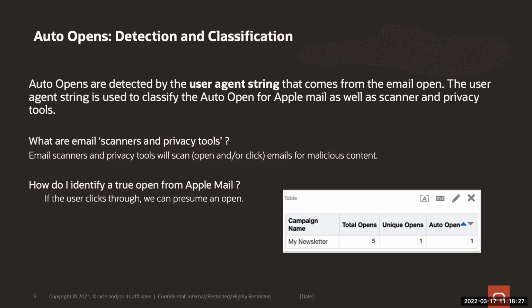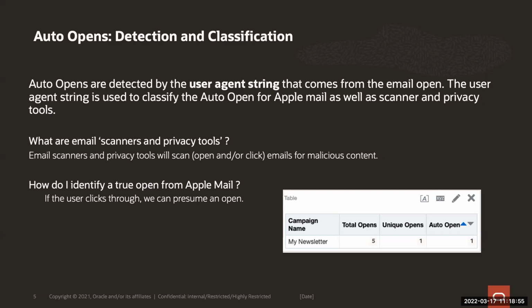And so we essentially classify auto opens by looking at the information we receive in the user agent string, which leads to the next question. What is a user agent string? The user agent string is a set of parameters, code that we receive back from Apple or these email scanners. And we use that to classify auto opens and record them within your instance.